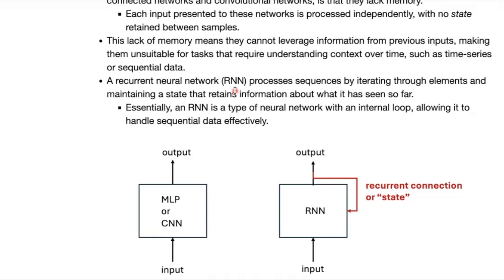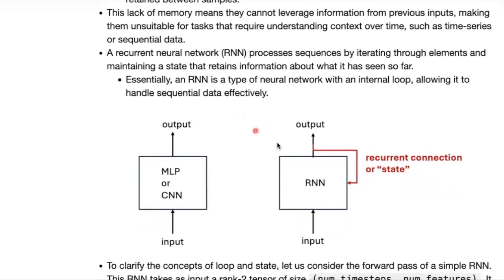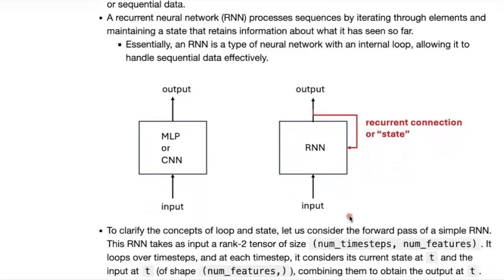So for example, frame 1, frame 2, frame 3, up to frame 100, if you have 100 frames in a video. And the goal here is to maintain what we call a state that retains information between these different time steps.